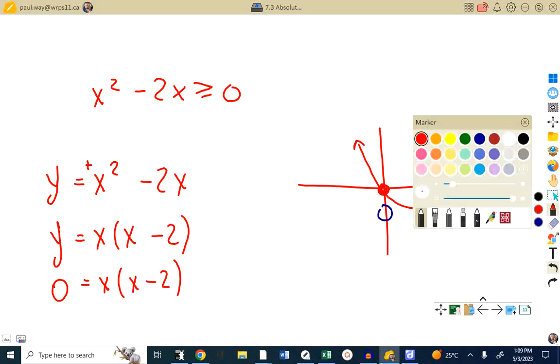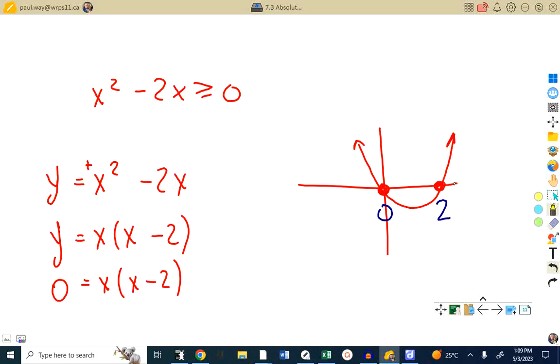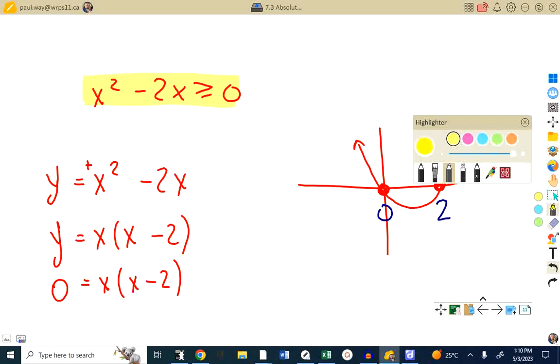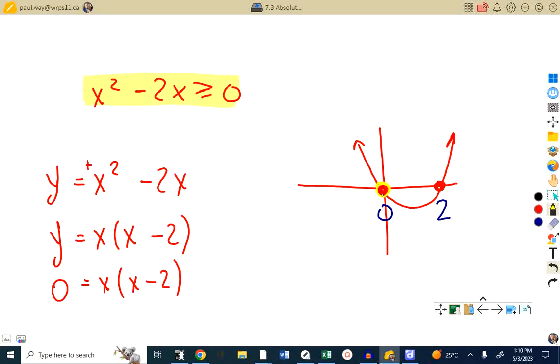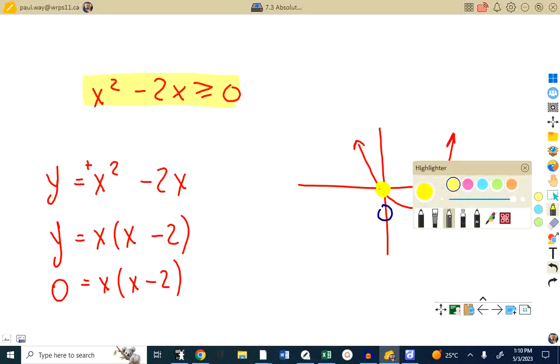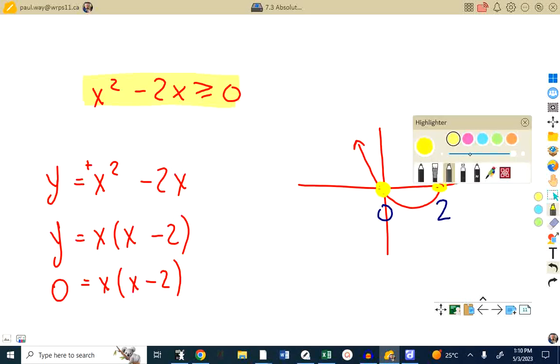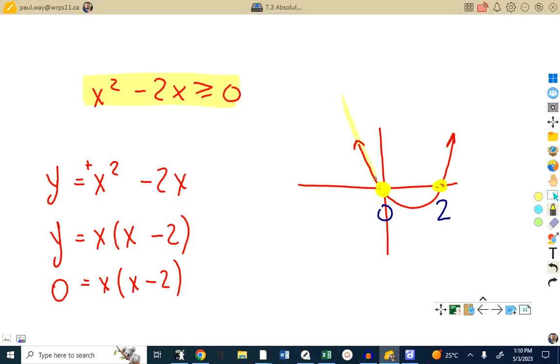x squared minus 2x is greater than or equal to 0 here, here, and here and here.